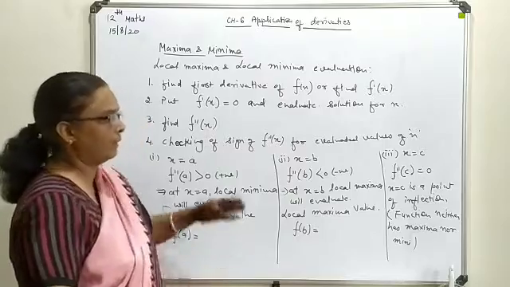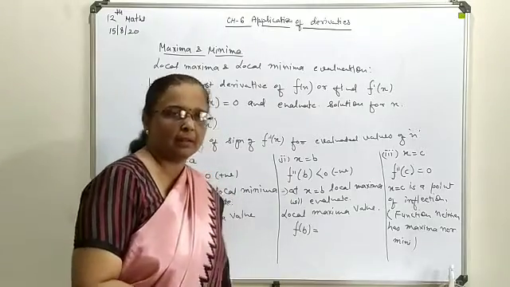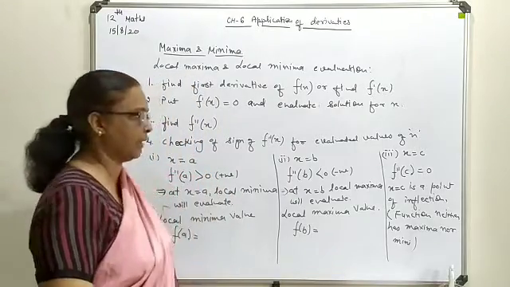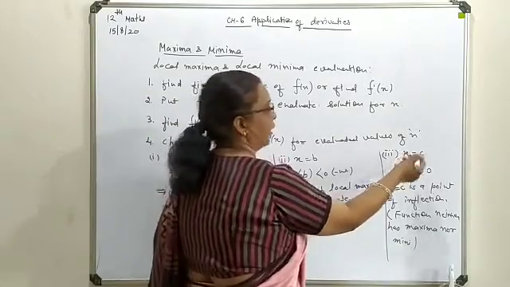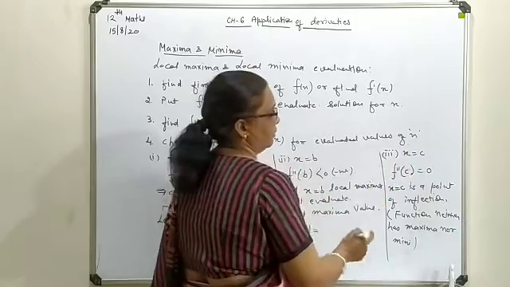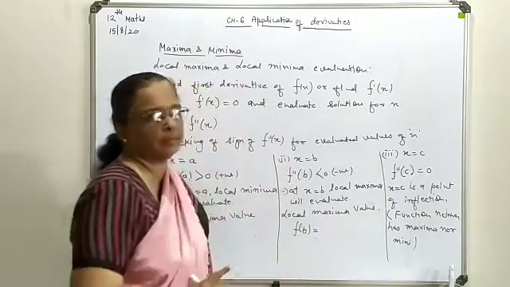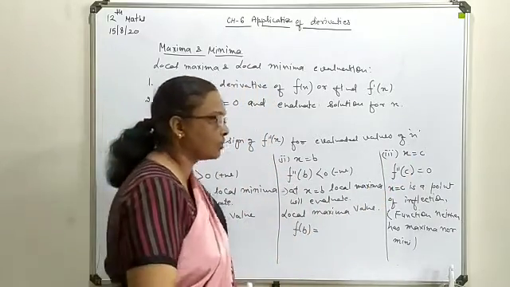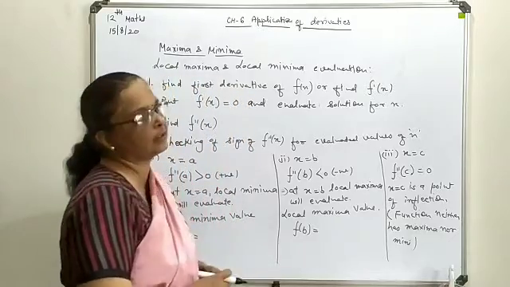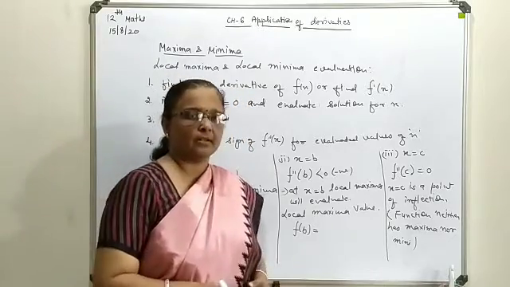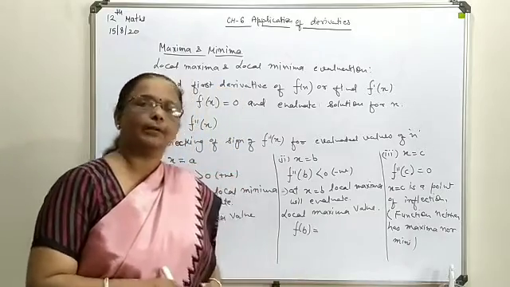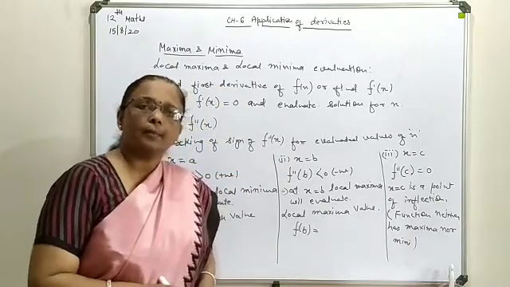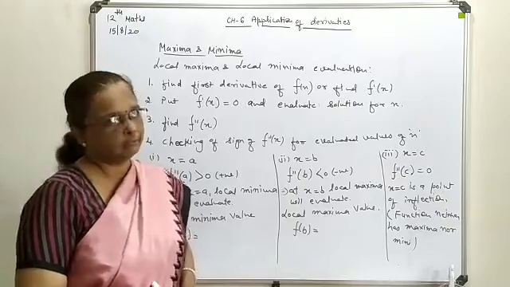And the last case, which you will rarely get, but in some questions it may arise: at a third point, suppose x is equal to c, your second derivative comes out as 0. At that time you can say that this point is a point of inflection, meaning at this point it is not possible to evaluate maxima or minima for the given function.